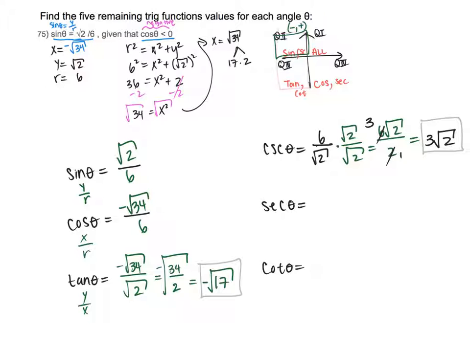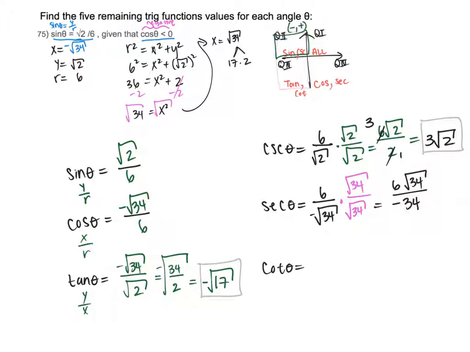And so the next one here, I have to flip the cosine, so 6 over the square root of 34. And in this case, I have a root in the bottom, so I'm going to multiply by the square root of 34, top and bottom. So when I multiply this straight across, I get negative 6 square root of 34 on the top, and 34 on the bottom.